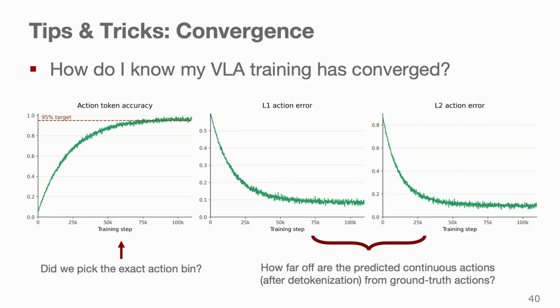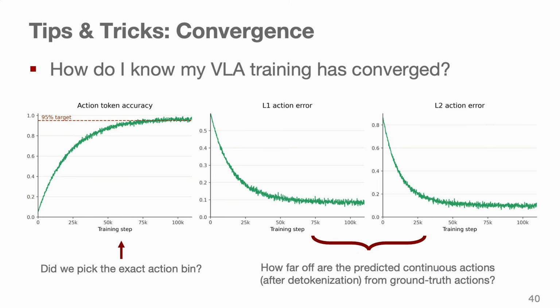One thing to note here is that this action token accuracy is computed with teacher forcing and does not represent the actual performance in real-world rollouts. But basically, before it reaches 95%, you probably should not do any real-world rollouts because they won't be very good. So this measures whether we picked the exact action bin correctly in this discretized approach.